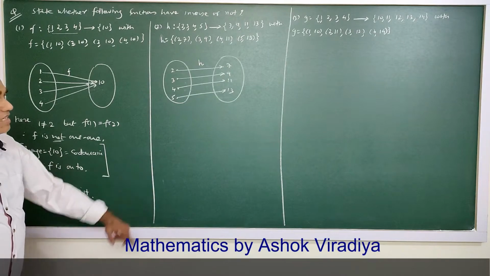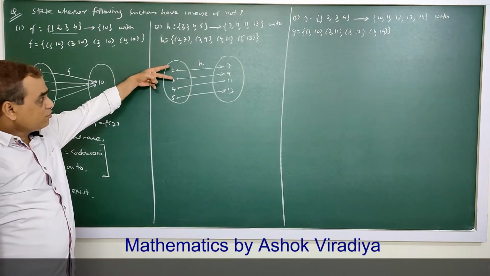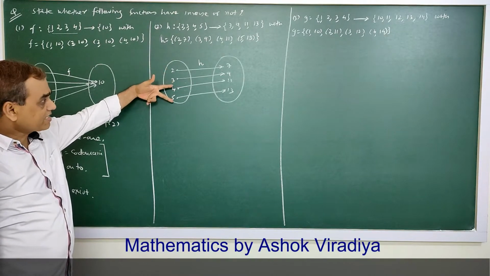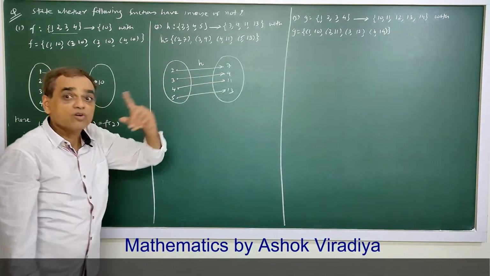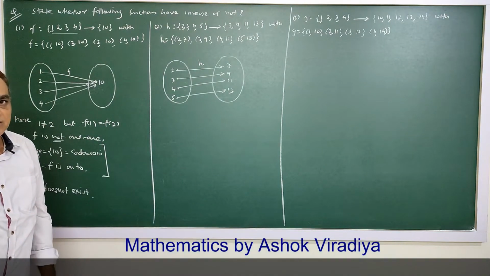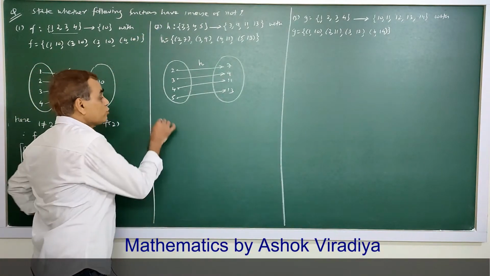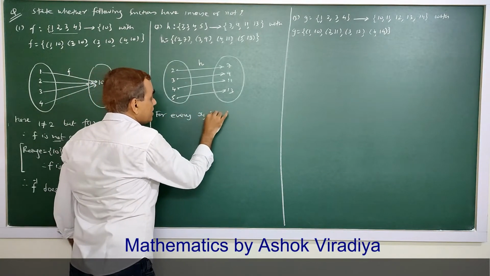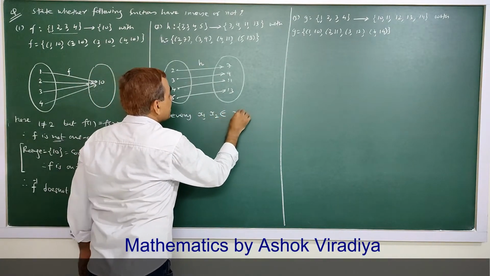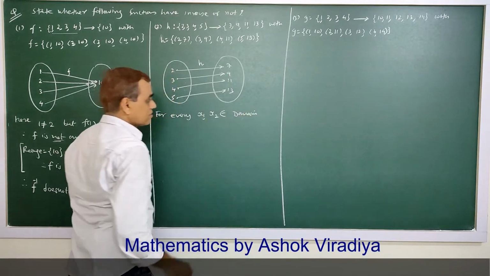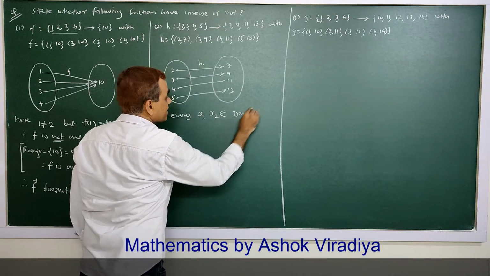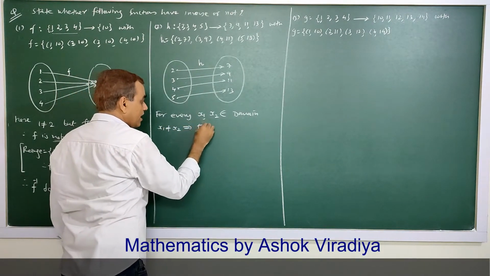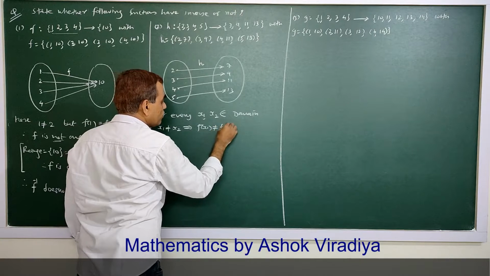And here it is clear. If you select any two distinct elements x1 and x2, their images are also distinct. For every x1, x2 belonging to the domain, x1 not equal to x2 implies f(x1) not equal to f(x2).